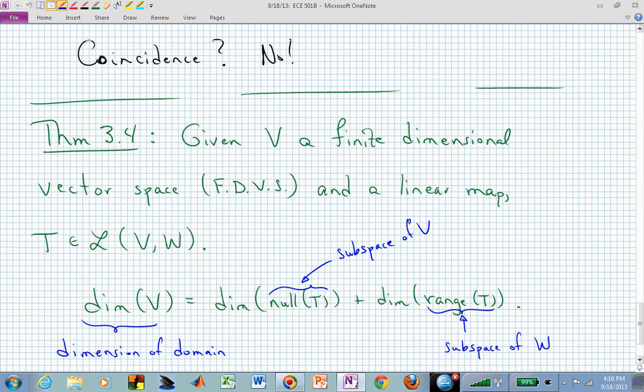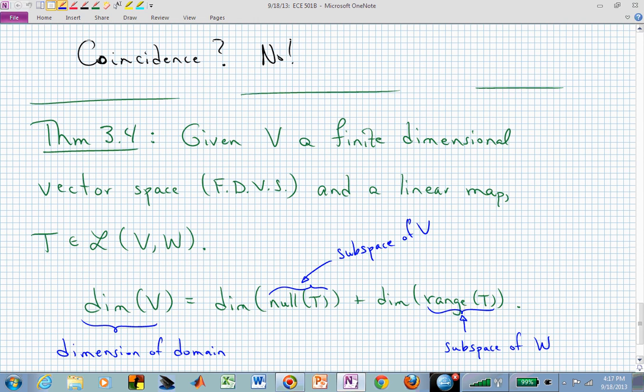The linear map in our example was taking a three-dimensional vector space into a five-dimensional one, and it wasn't even using up all of that volume, was it? It was only filling up a two-dimensional space in R5.